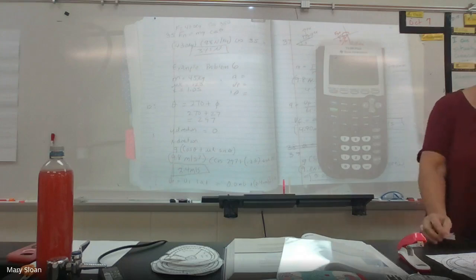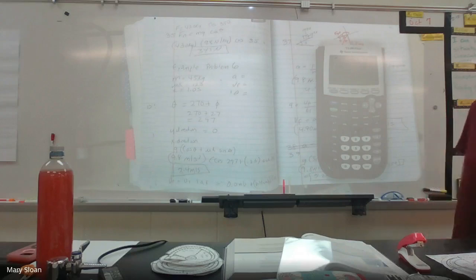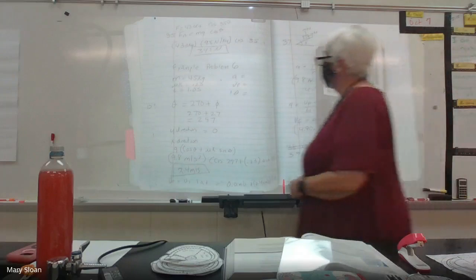Question 35 says Fredo has a mass of 43 kilograms sliding down the banister of his grandfather's house. If the banister is at an angle of 35 degrees with the horizontal, find the normal force between Fredo and the banister. So let's look and see what I did.